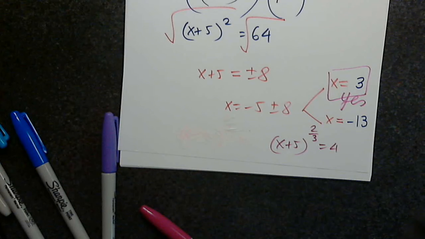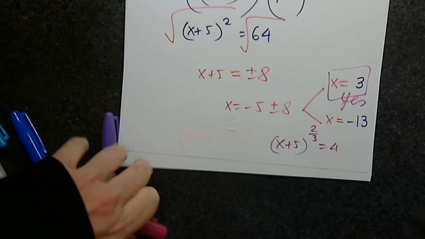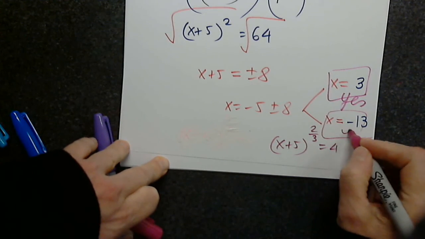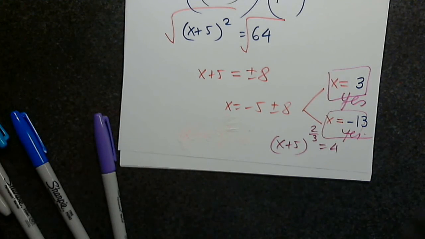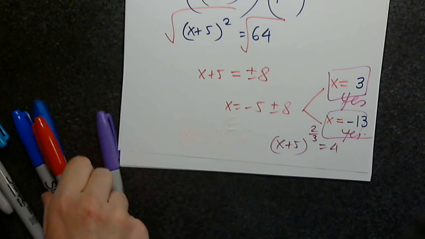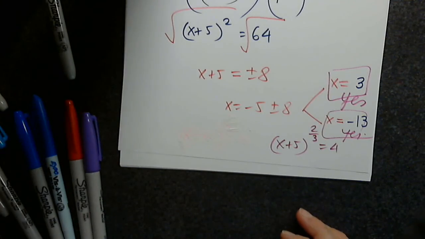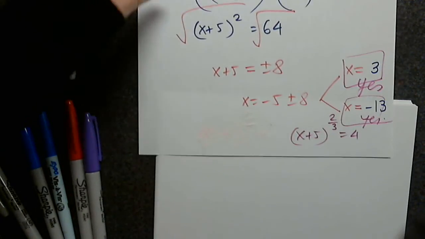No, but it will be. So in this case, both solutions work. Be very careful with parentheses. Any error in parentheses does not give you the correct answer. Very careful. And that's how we solve equations that have fractional exponents.